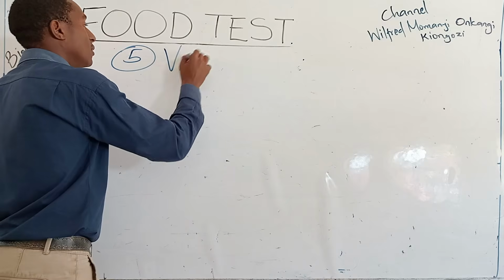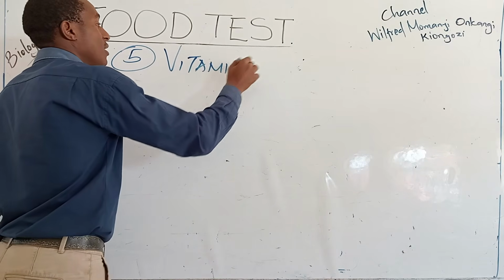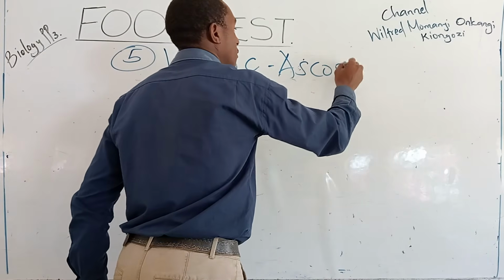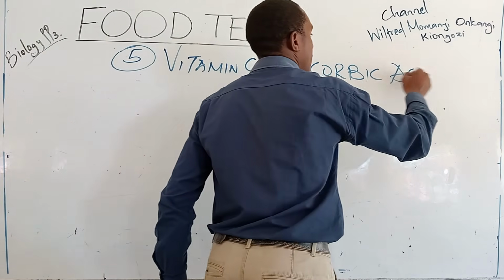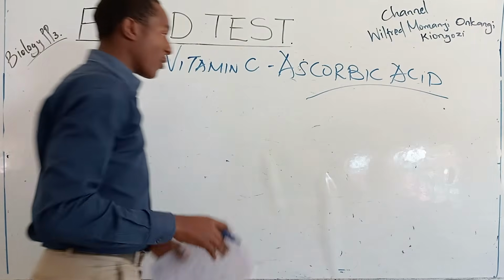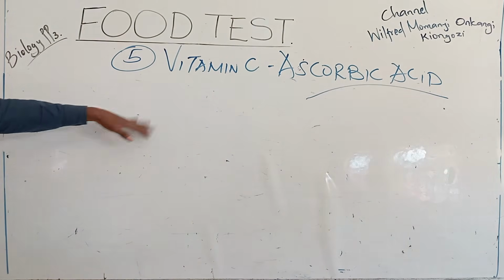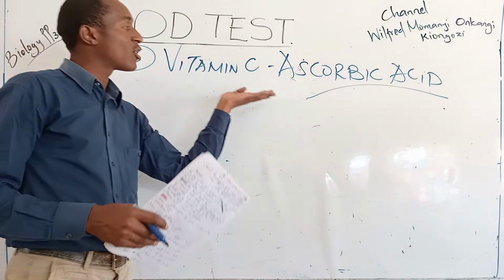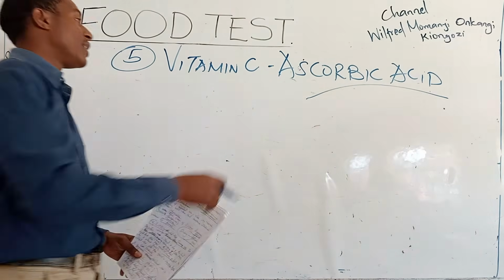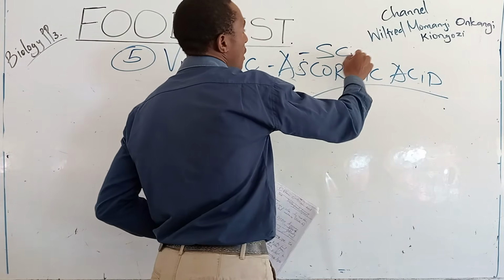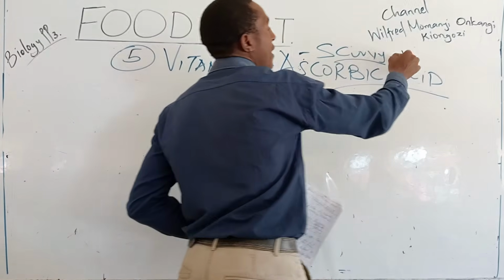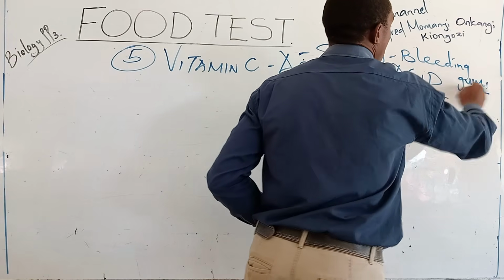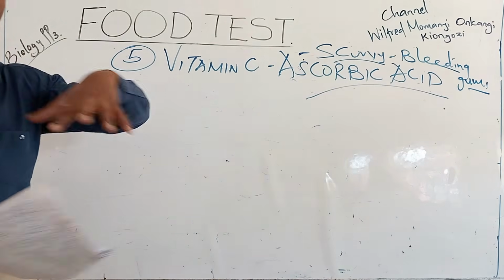Vitamin C, which is commonly known as ascorbic acid. This one is found in fruits, and these vitamins are very important in the body because if these vitamins are not sufficient in your diet, then you suffer from what you call scurvy. Scurvy is a condition where we have bleeding gums. So these are conditions that will affect your teeth and jaws.